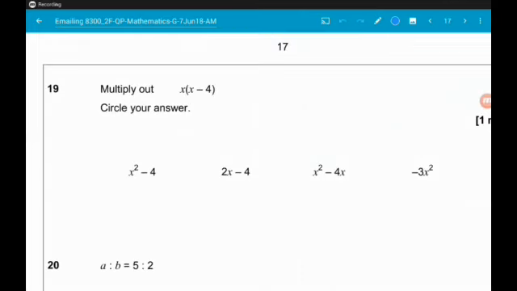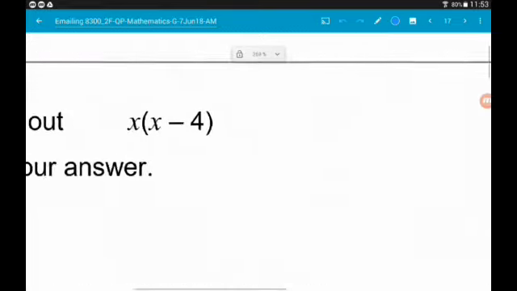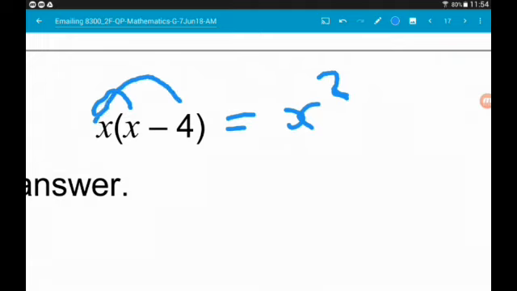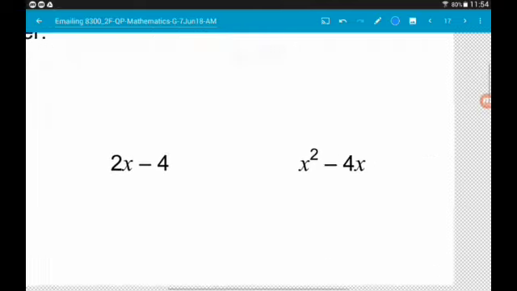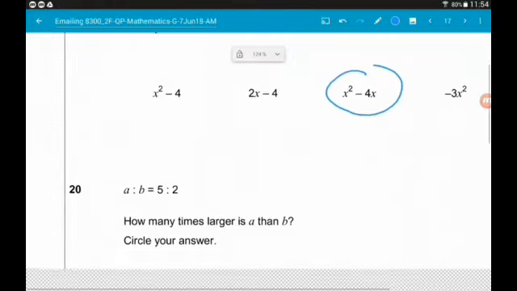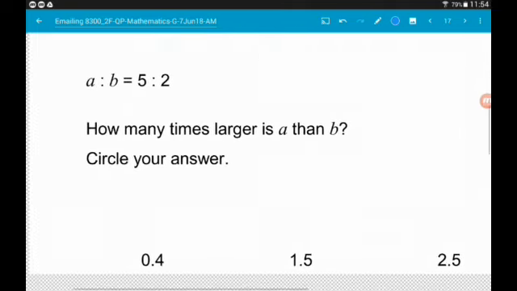And 19 wants us to work out x lots of x minus 4. So we're expanding this bracket: x times x is x squared, and x times minus 4 gives us minus 4x. So x squared minus 4x is our answer. Question 20 tells us A to B is 5 to 2.